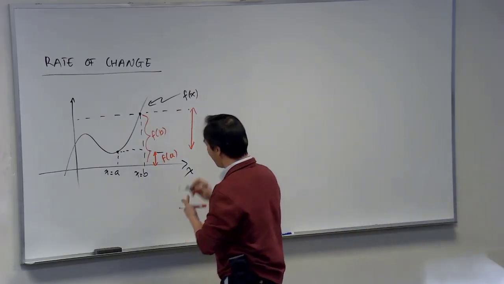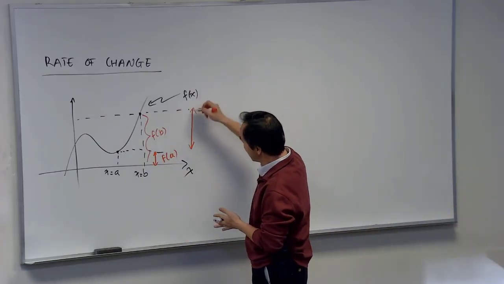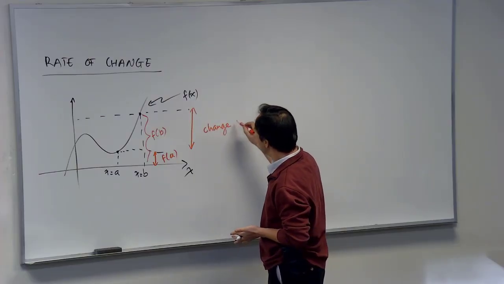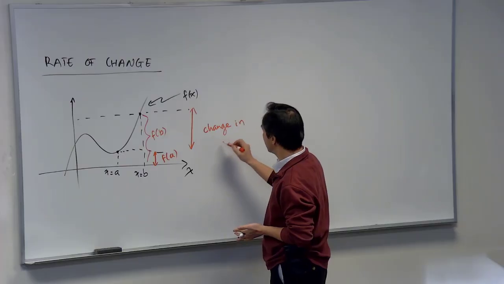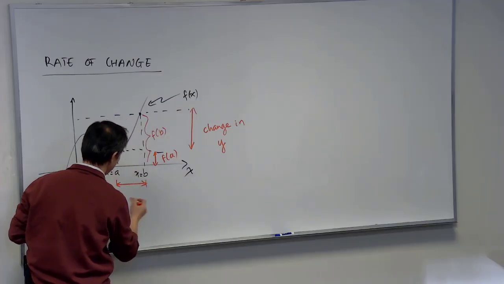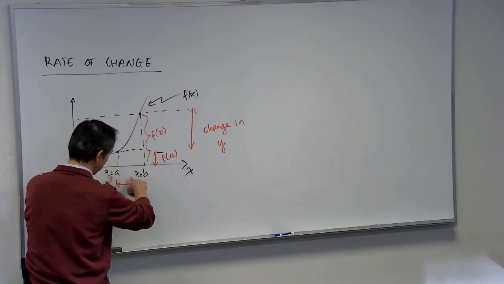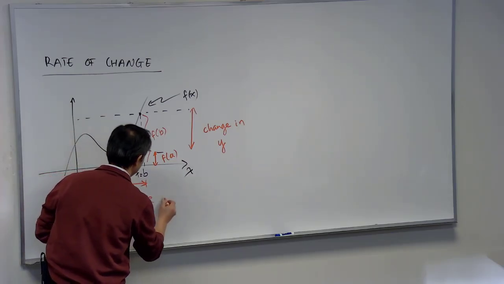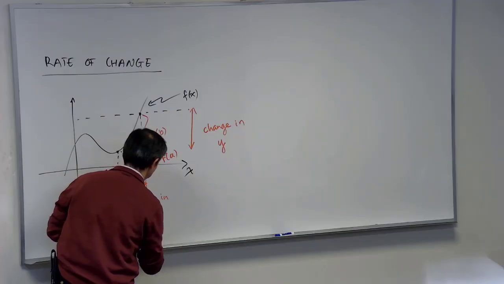Okay, so right here, the vertical arrow is indicating the change in y value, and then from A to B, that distance between the 2 points in our interval, yes, we can call that the change in x.